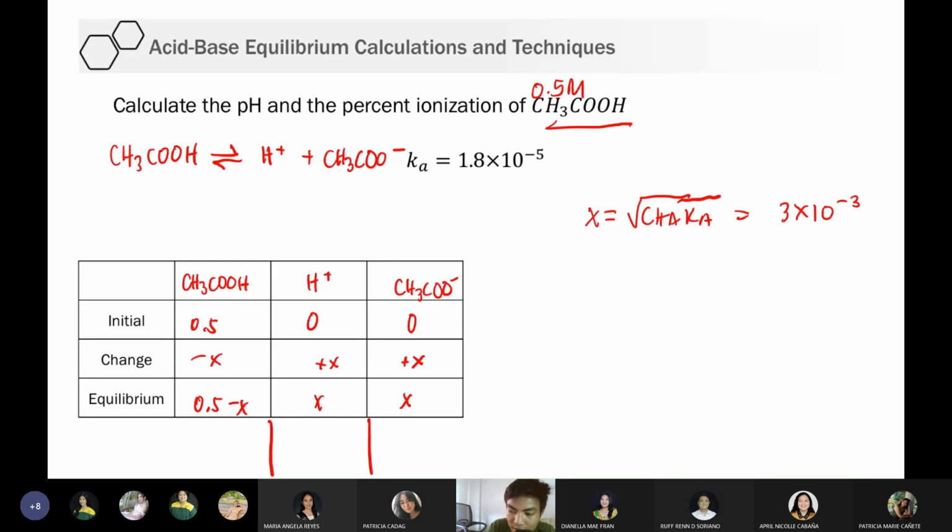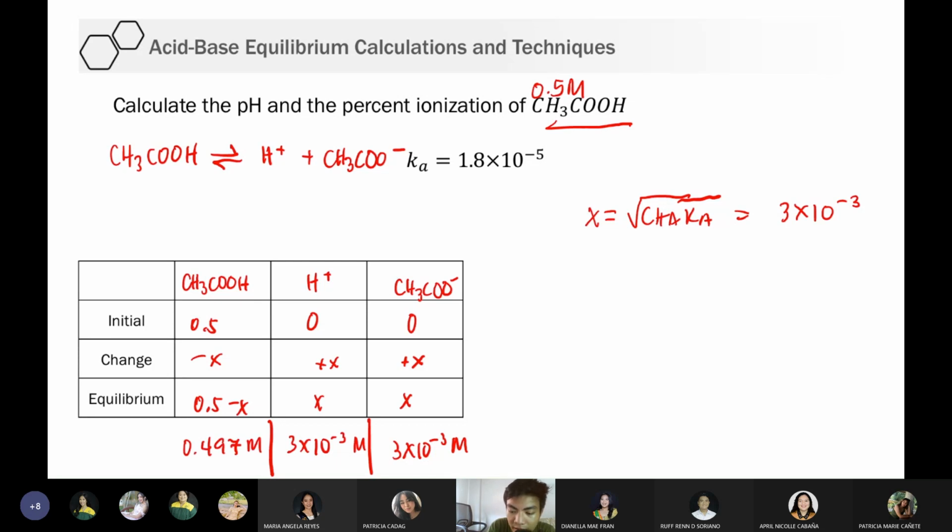So, H plus is 3 times 10 raised to negative 3. The conjugate base is the same. Okay, same sila ng molarity. And for our acid, that's 0.5 minus 3 times 10 raised to negative 3. We get 0.497.